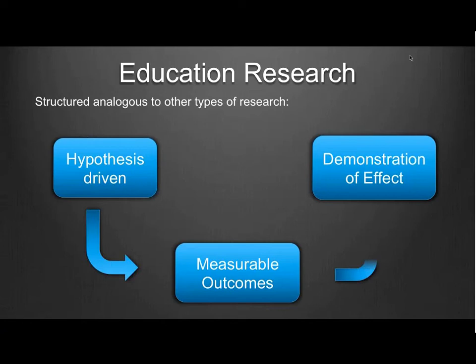Those measurable outcomes will demonstrate some kind of an effect, and those effects should go back and support your hypothesis. So a well-developed research question with the hypothesis and the specific aims should fulfill this cycle that is seen in other bodies of research.